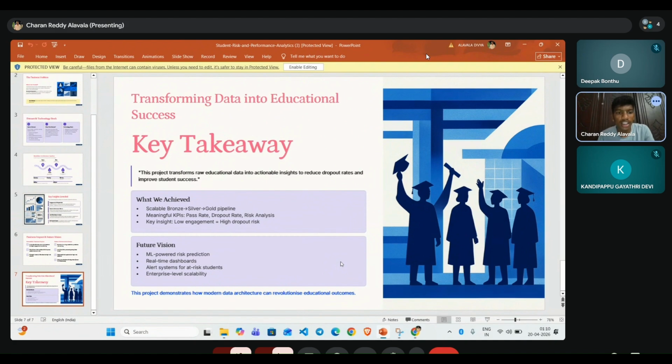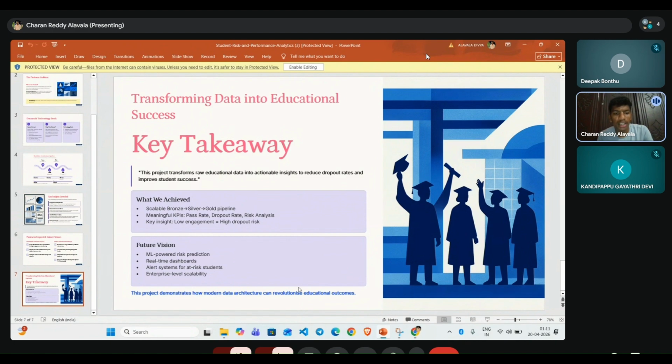Finally, we conclude that we have created a successful dashboard in which we can identify the latest trends and how many students are at the risk level. We built a complete data pipeline using Medallion architecture. We transformed raw data into business insights and created a dashboard for decision making.